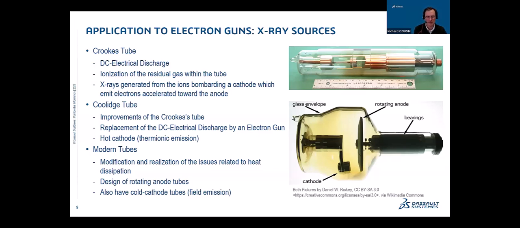That's why you have some special tubes for that. You also have the design of rotating anode tubes. This is the type of structure that you have here. And you can also have cold cathode tubes based on field emission, which can be used depending on the energy of the X-rays that you would like to have at the end.